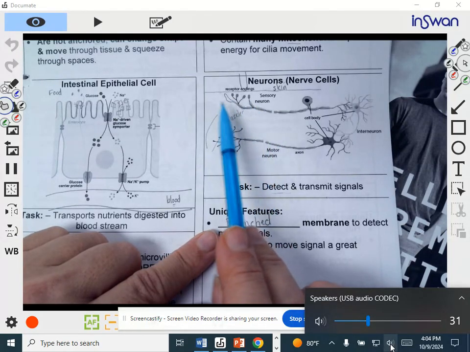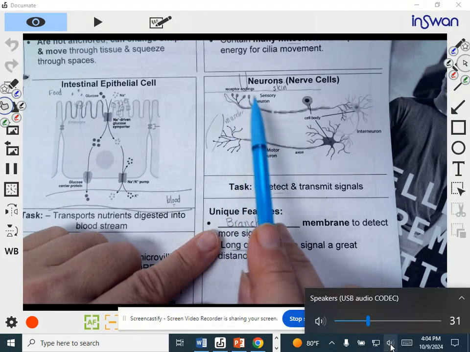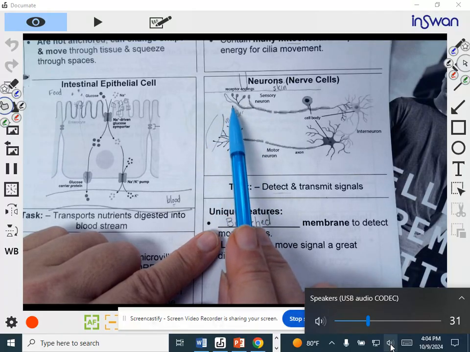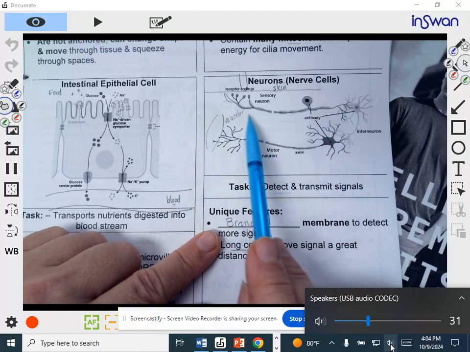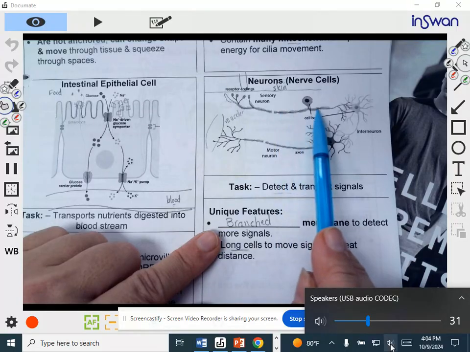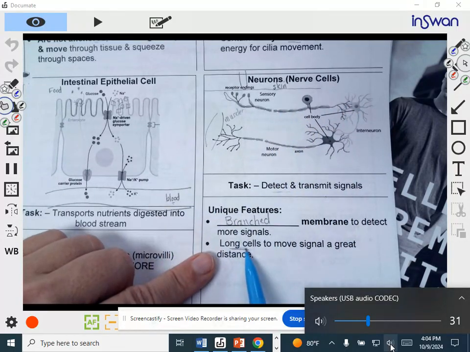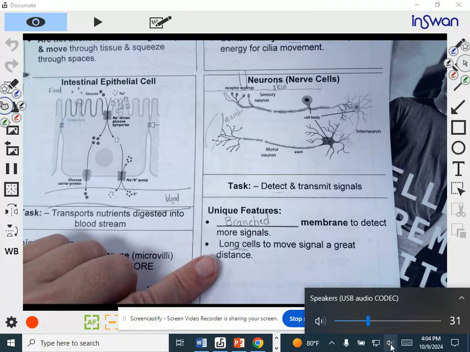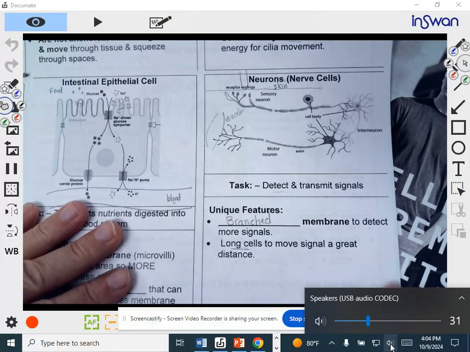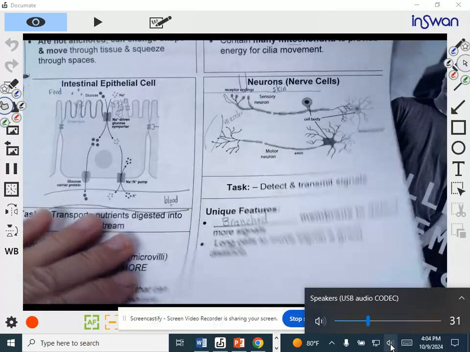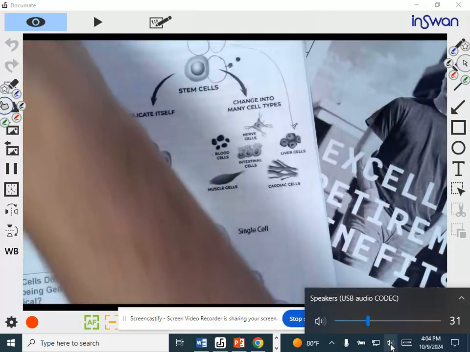So you can see that they have more branching, more folds in their membrane. They also are really long and skinny, and that's going to help them move a message a lot faster and a greater distance. So lots of times you'll see nerves are long and very skinny cells, and that helps them move the signal very quickly from one part of the body to the other.